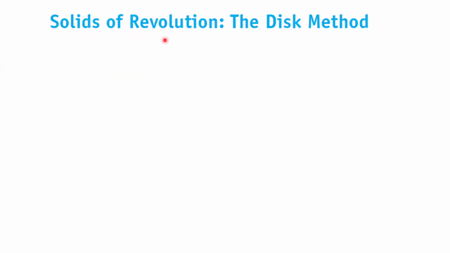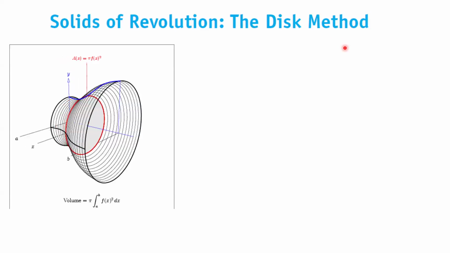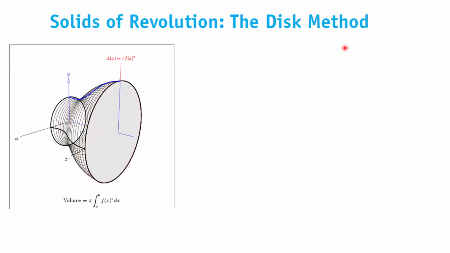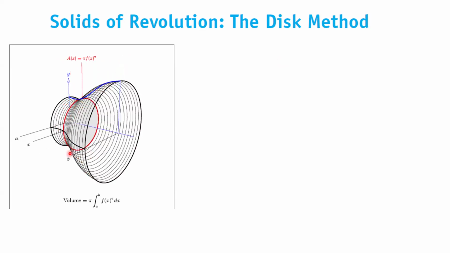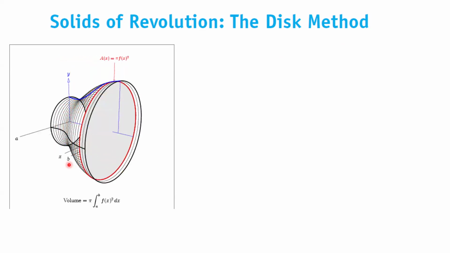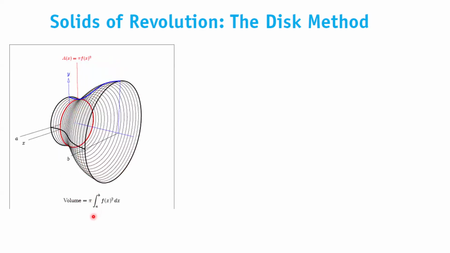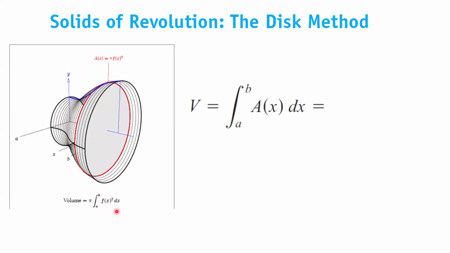And remember the volume of a solid of revolution using the disk method. If you rotate your function about the x-axis, you're looking at the cross-section, which is a circular region or a disk, and the volume is pi times the definite integral from a to b of f of x to the second power dx.